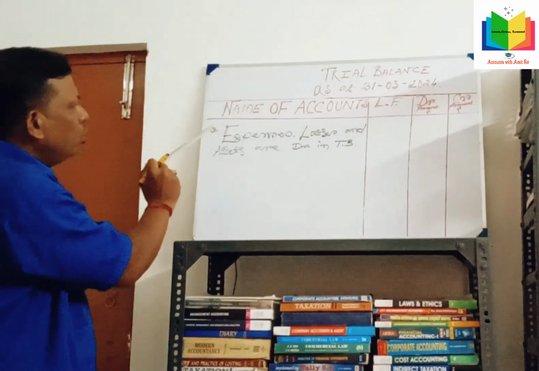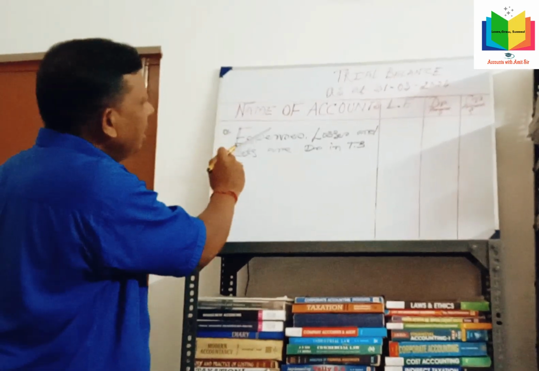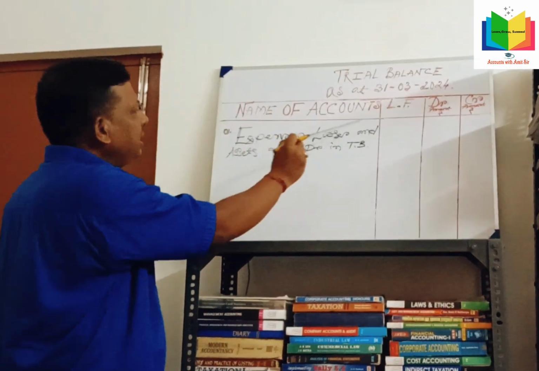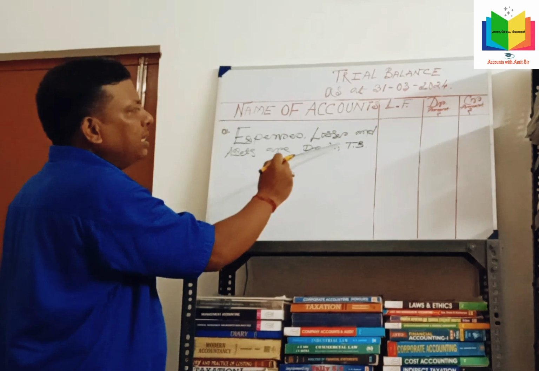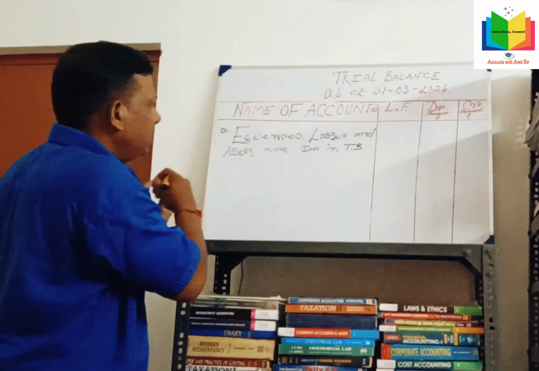Please note down serial number 1, expenses, losses and assets are debited in trial balance.